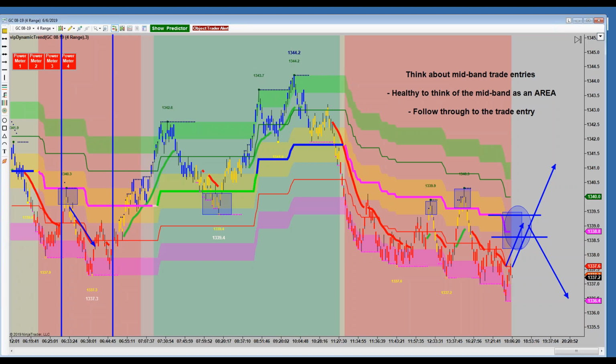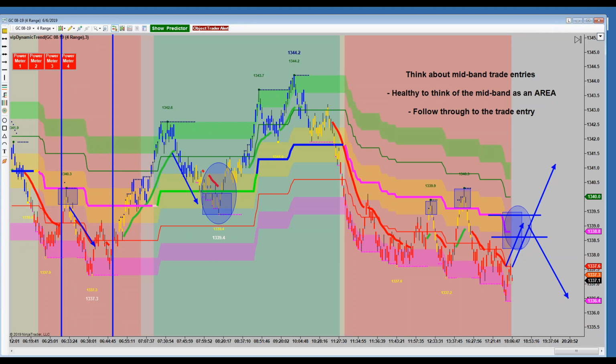Technically it came into the area, but it went right through it. It never rolled over. The second caveat is the case of the long, over here, here's an example. It comes into the area bounded by the mid-band and bounces for a long trade. So the critical other part is the bouncing part.